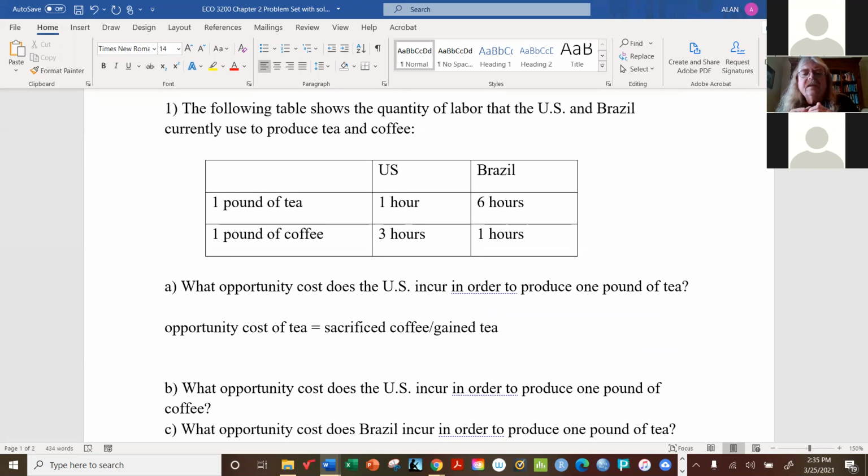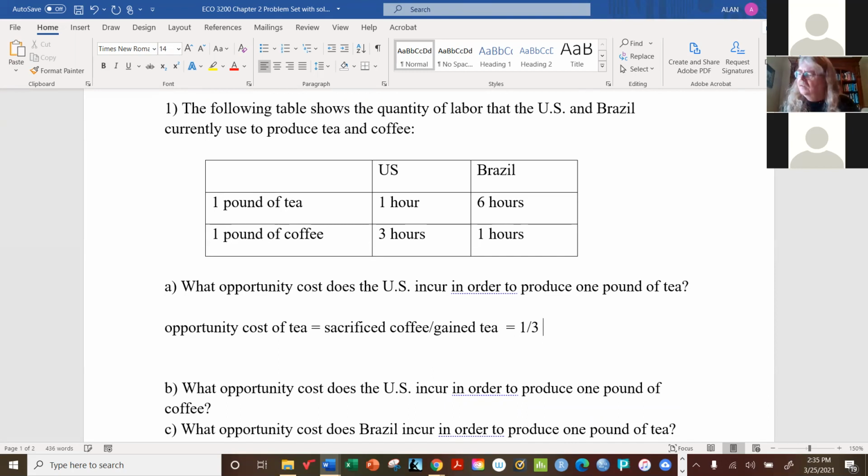And that means that's 1 hour of labor that could have been used to produce a pound of coffee. So therefore, since it takes 3 hours to make a pound of coffee, that 1 hour of labor that is being used to make tea could have been used to make 1/3 of a pound of coffee. All right, so we're giving up 1/3 of a pound of coffee divided by 1 pound of tea.